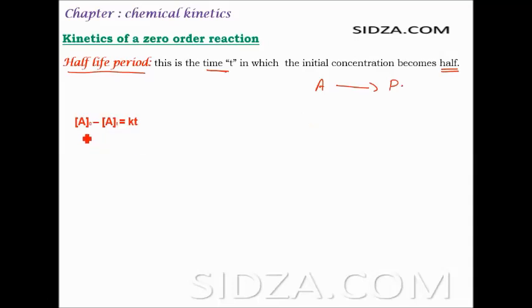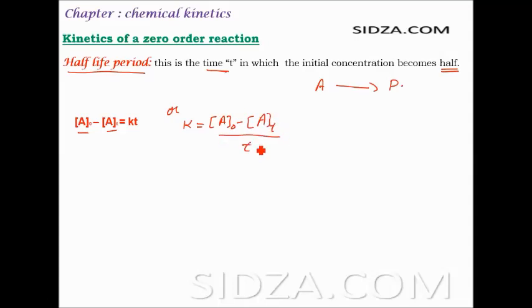We know that the initial concentration minus concentration after time t is equal to Kt, or we can write it like this: K will be equal to initial concentration of reactants minus concentration after time t, divided by time.